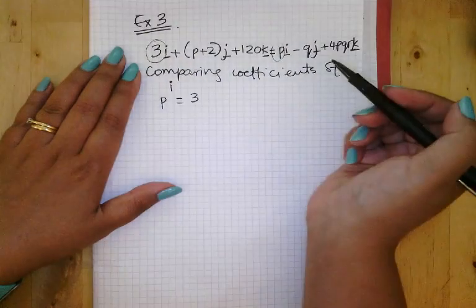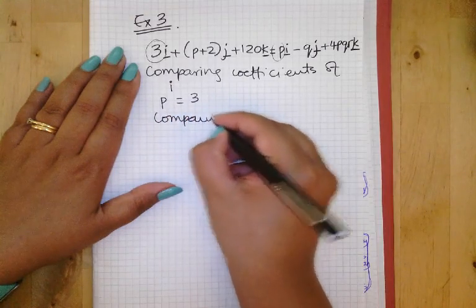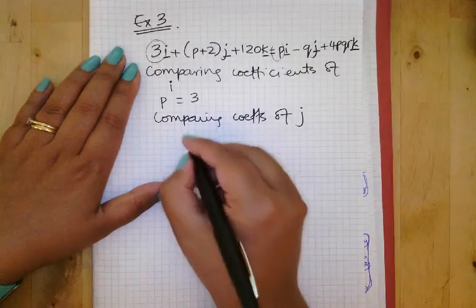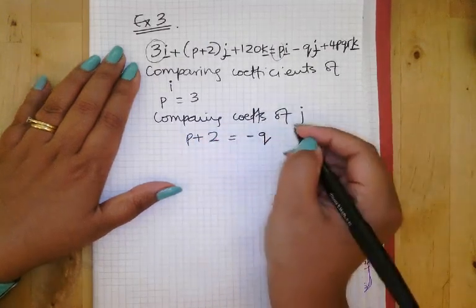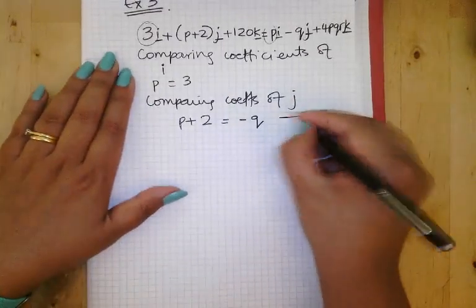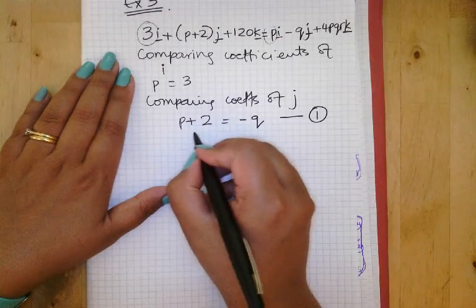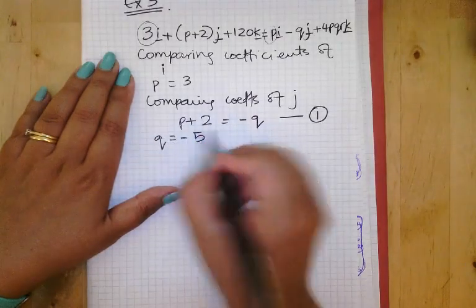Then if I compare coefficients of j, then p plus 2 is equal to -q. So we are going to get an equation. We already know p is 3, so we can sub that in. So that means q is equal to -5.